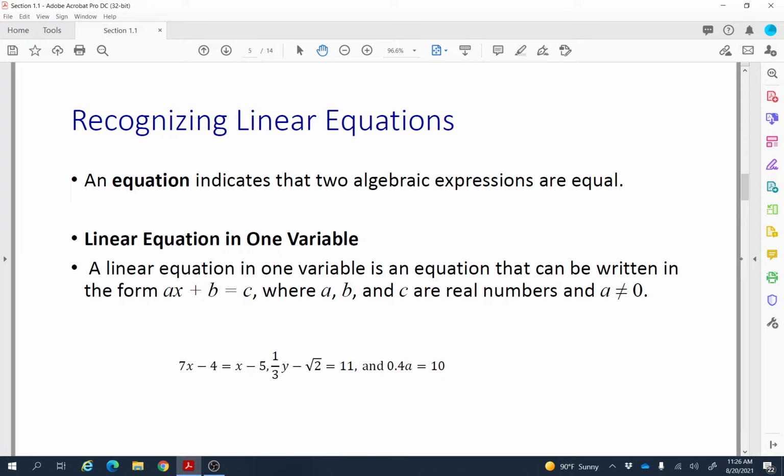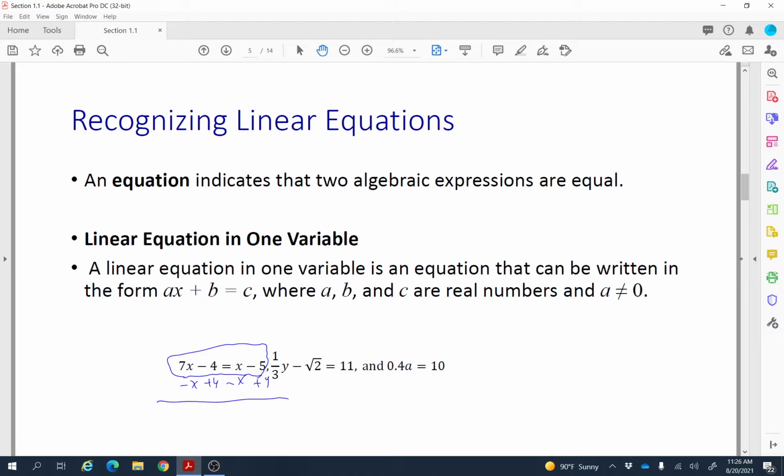Some examples, this is one of the examples. Here you can see 7x minus 4 equal x minus 5. This is a linear equation in one variable. All the rest of the things are constants. The only variable you can see is x, and x has a power 1. If you try to simplify this, you can bring this x to the left side by subtracting x, and you can bring this constant to the right side by adding 4.